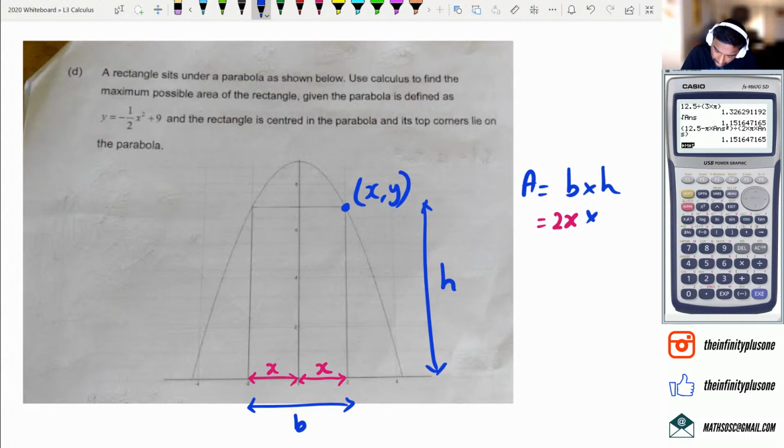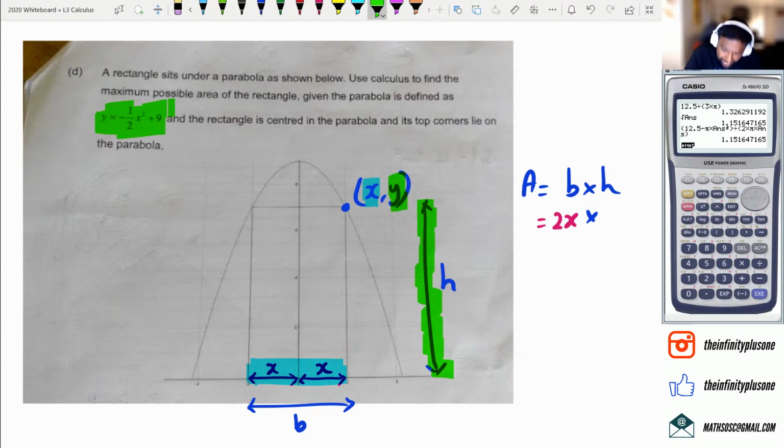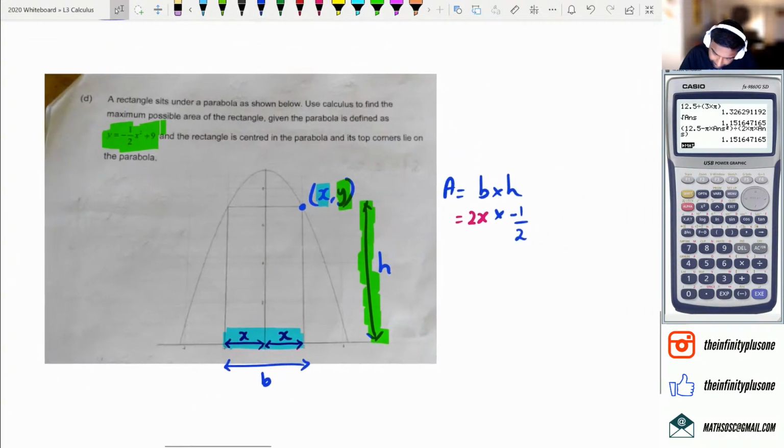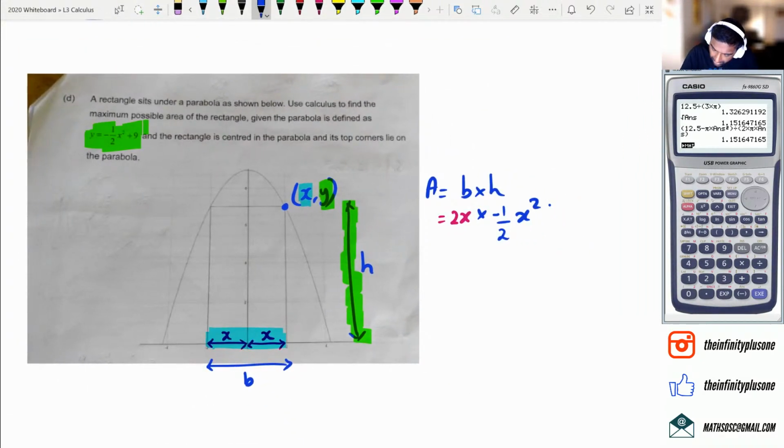So in other words, my x is the base and the y value ends up being the height. But we know what the y value is: y is negative half x squared plus 9. Because of that, we can write this as 2x times negative half x squared plus 9.